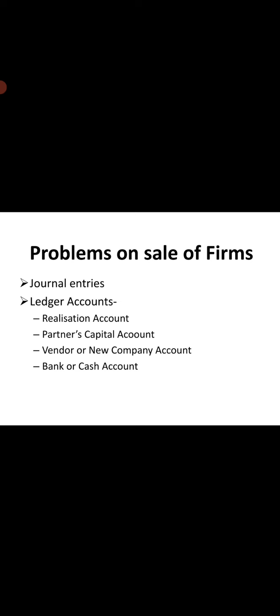In the last stage, we will prepare the bank or cash account. In the bank or cash account, there is a balance of 4,500. So to balance brought down 4,500. To purchasing company's account for receiving cash, 50% of purchase consideration, 47,900. To realization account for the sale of investments, cash received, 95% of the value of investment, 19,475.